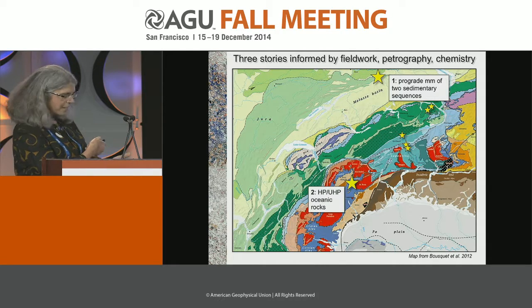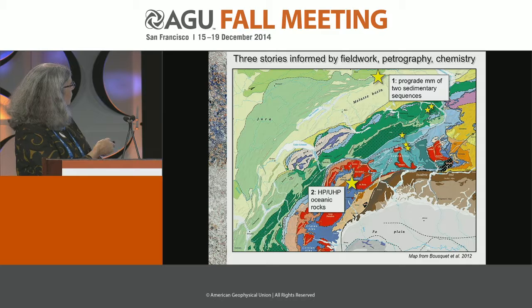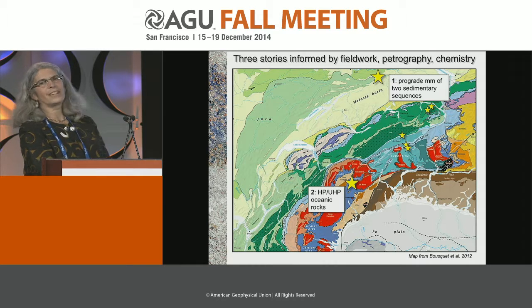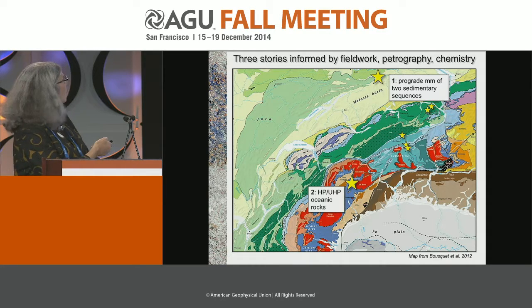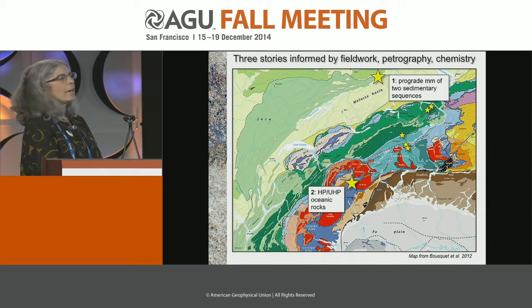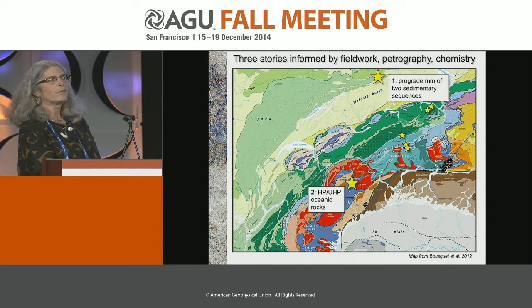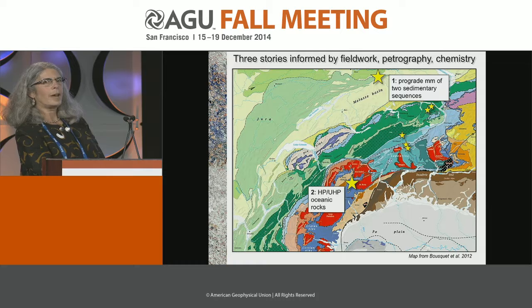All right, the second example is going to come from these blue units over here. All of these examples are going to be in the Alps. The second one comes from the Zermatt-Saas ophiolite, which is a sequence of high and locally ultra-high pressure metamorphosed oceanic rocks. So serpentinites, altered oceanic crust, and metasedimentary rocks, all part of that ophiolitic package.